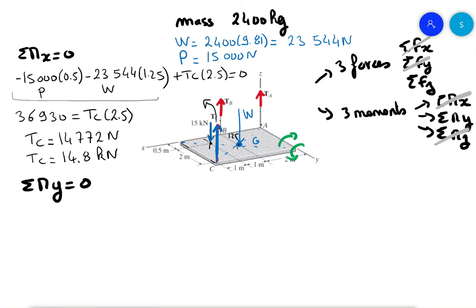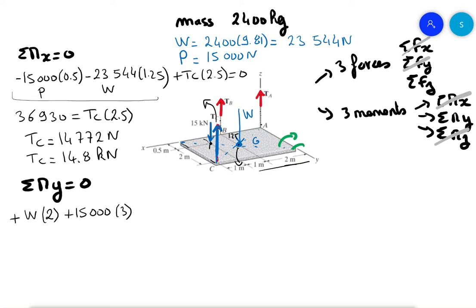Okay, so we look at the Y, we have W in the positive direction, so plus the W times this distance there, that is 2. We have the 15 kilonewton, so plus the 15 kilonewton times the total distance up to Z, that is 3.